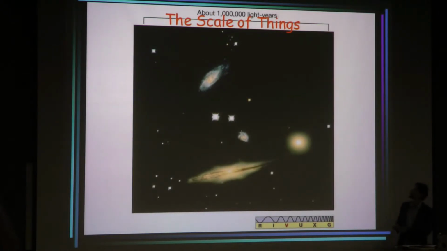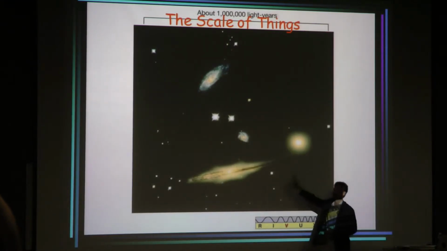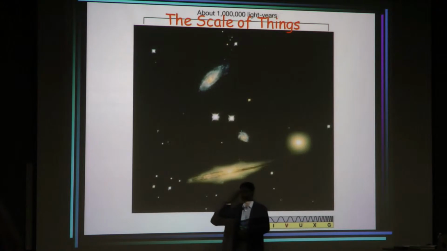Now, as we go beyond the scale of a single galaxy, we get into even larger entities, which are clusters of galaxies that are gravitationally bound to each other. When you get to scales like this, about 1 million light years across this cluster of galaxies, it's just completely mind-boggling how something like this could form. So you have to realize that they're being held together by their mutual gravity, the force of gravity.